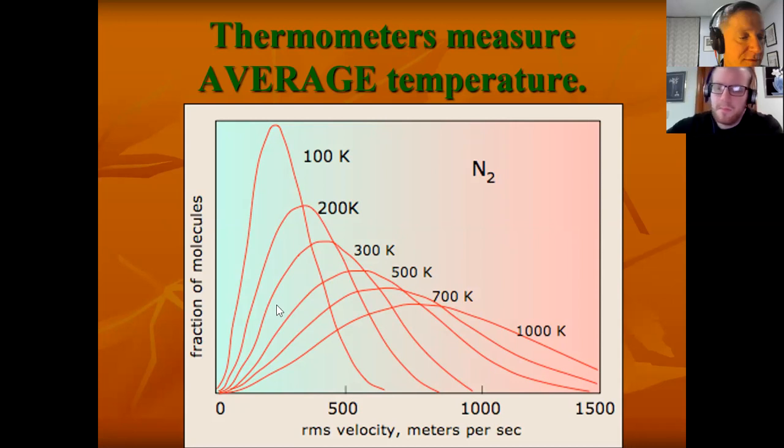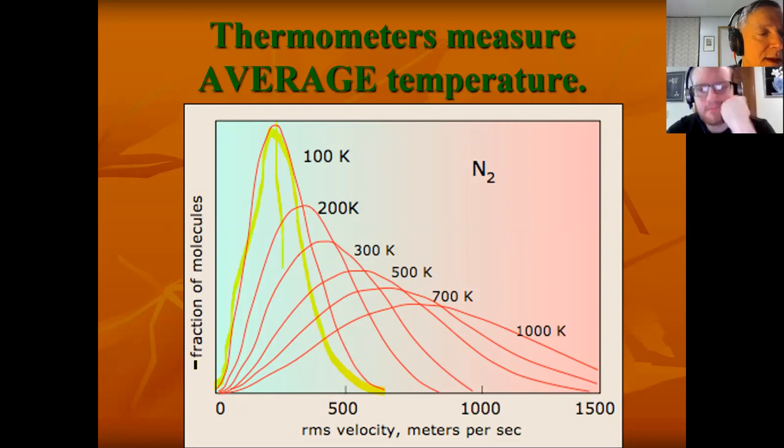If we look at this 100 Kelvin one here, which is cold, this curve right here, this is very cold liquid. The mean temperature I measure will be right here.